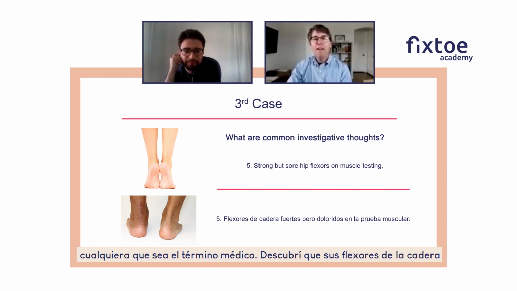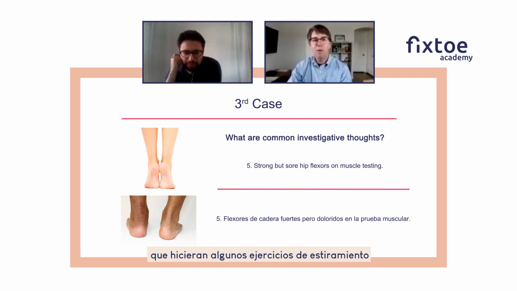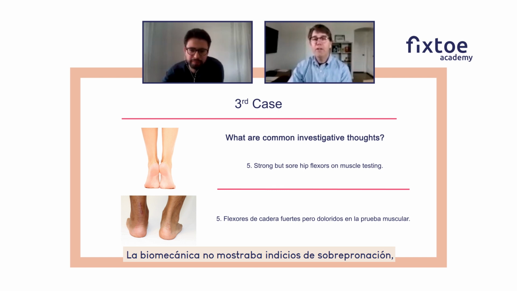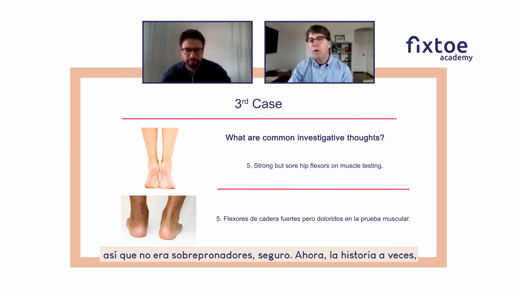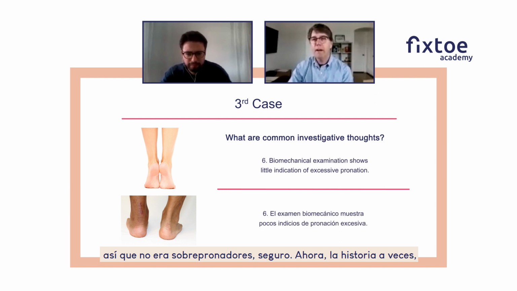I found that their hip flexors were strong but very sore on muscle testing. So I just had them do some stretching exercises for the hip flexors. No big deal. The biomechanics showed no indication of overpronation, so they weren't an overpronator. They were picking on their sesamoids for sure.